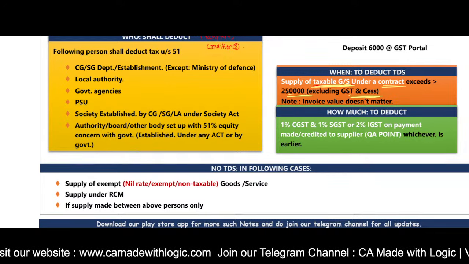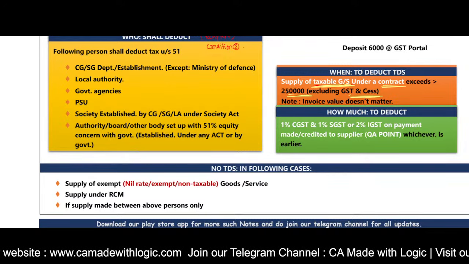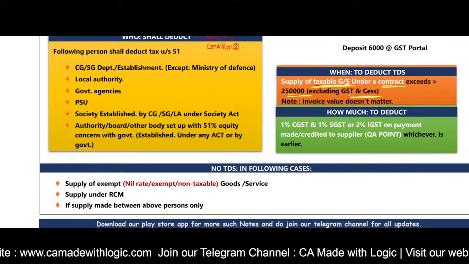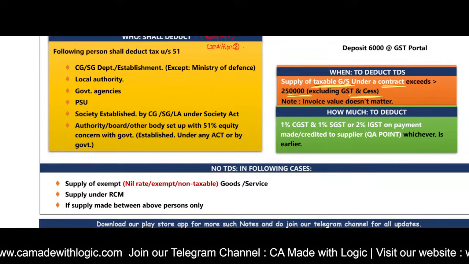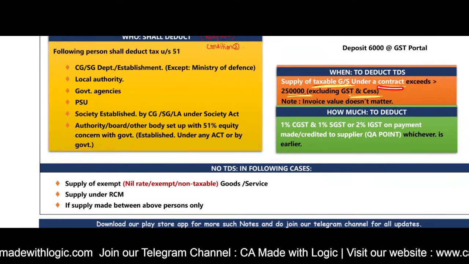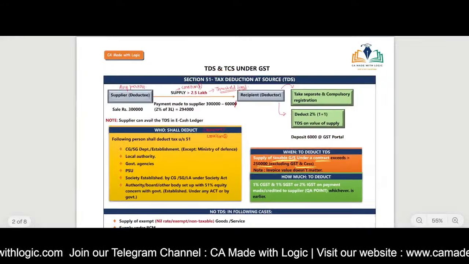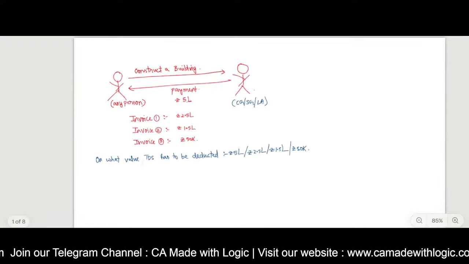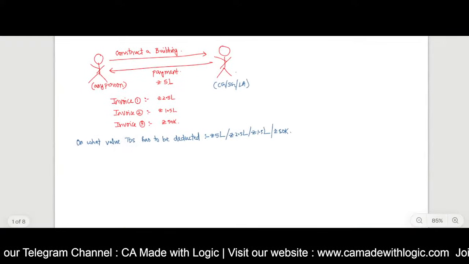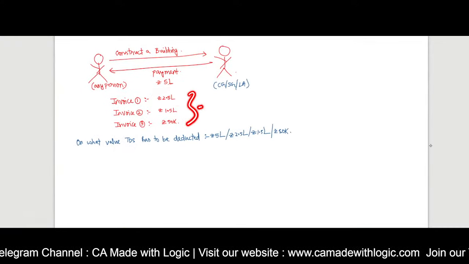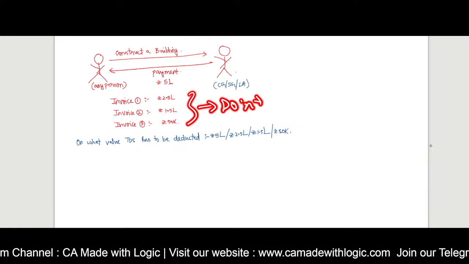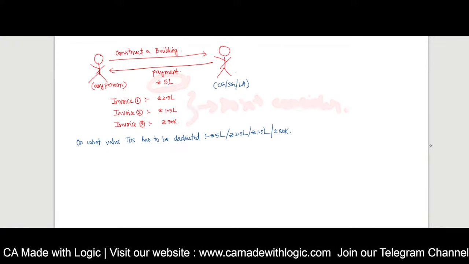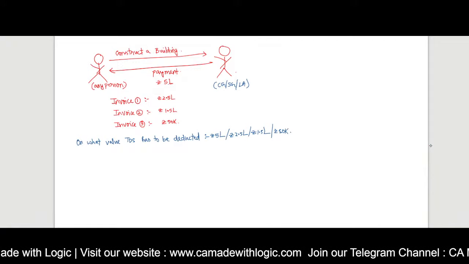Even if you raise 25 invoices of 10,000 to that government, it doesn't matter. Only the contract value, which in our example is 5 lakh rupees, matters. On this 5 lakh rupees, 2% has to be deducted.